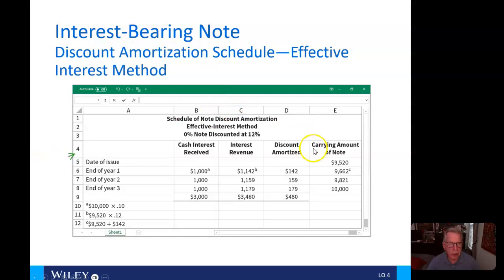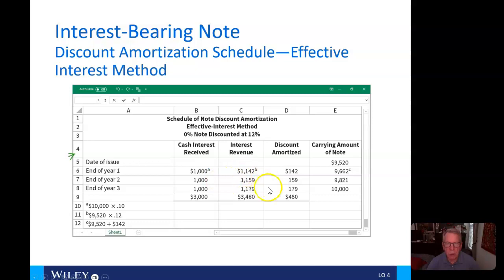What we're going to do here is start with the amount of the note, which was discounted here, and it's going to ripple up to $10,000. And what we do is we take 10%. Remember, 12% is what's written on the note, but 10% is our effective rate. So we're going to use that to compute this $1,000.